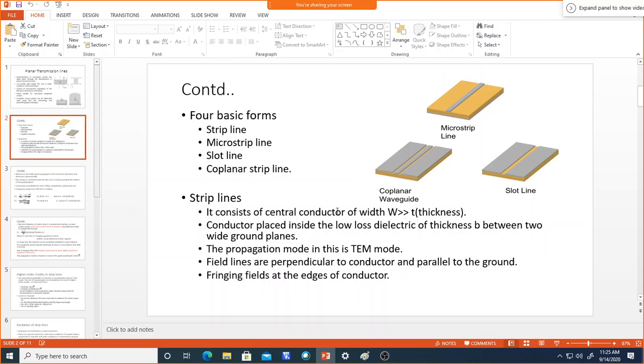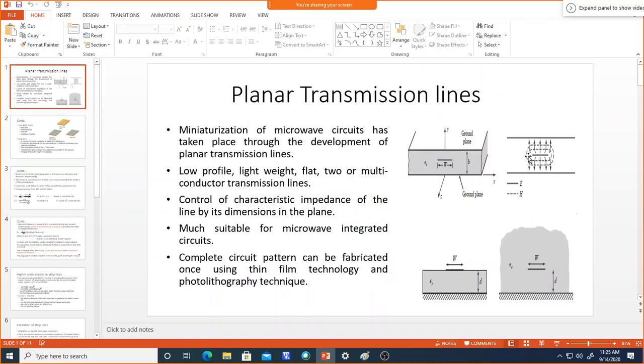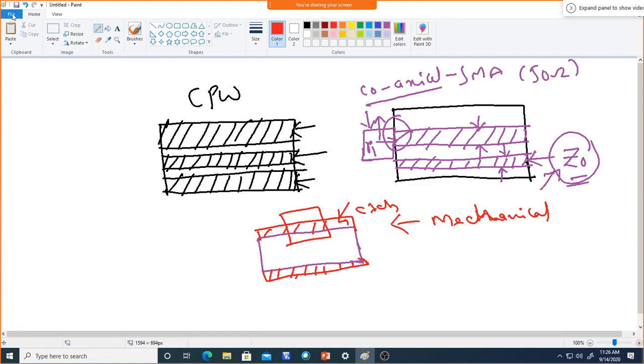Okay, so now coming to the strip lines. What exactly is a strip line? The strip line has a center conductor with some thickness as well as some width, and this conductor is placed in between two substrates. So it is like this, so you can better view.